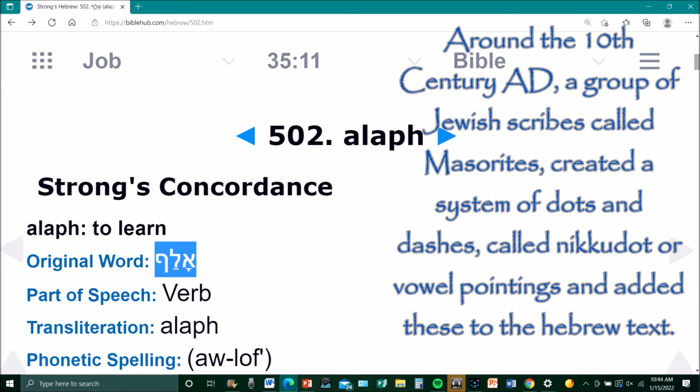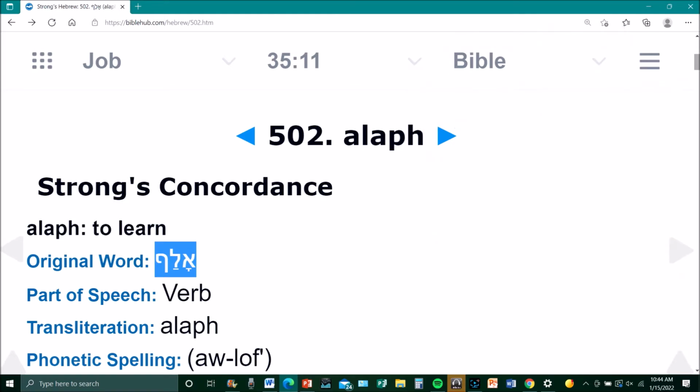Some people say those vowel points have been manipulated, so I don't get too hung up on them, even though there's a lot more information you can extract from them. What I'm concerned about is the symbols themselves. It's an Aleph, Lamed, Pei, so it's the same. They're all Aleph, Lamed, Peis, regardless of what the vowel point is saying. Does that make sense, or did I confuse you?